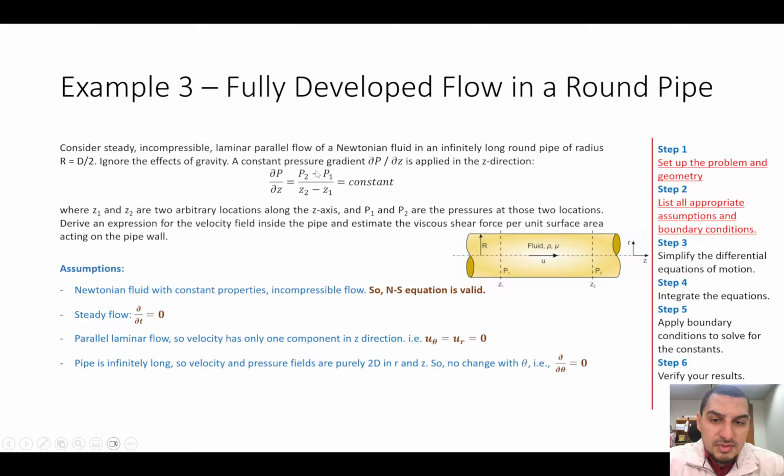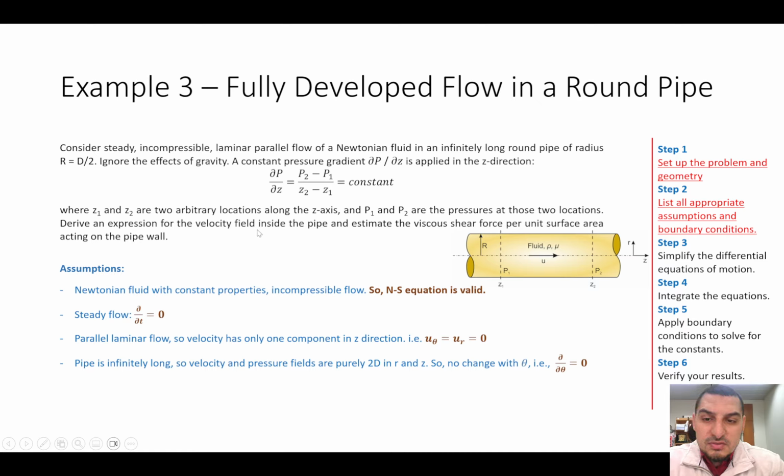So delta P is negative and delta Z is positive, so this constant is negative. Z1 and Z2 are two arbitrary locations along the z-axis, and P1 and P2 are the pressures at these two locations. So it's just any two points here.